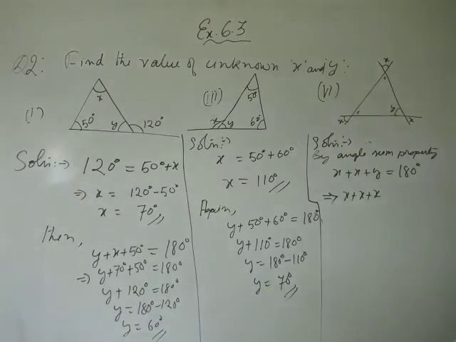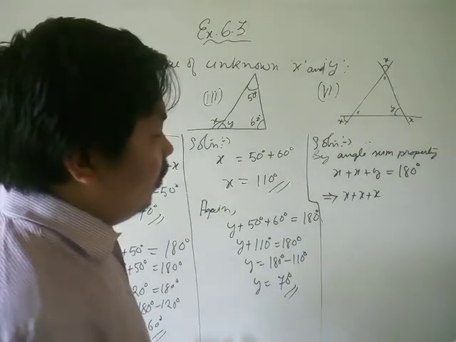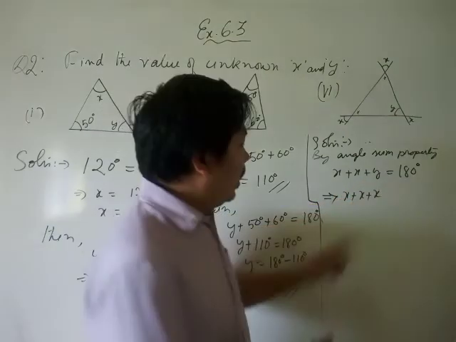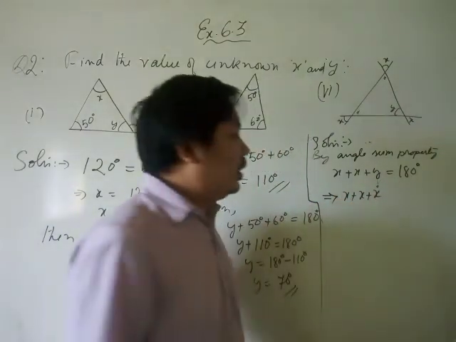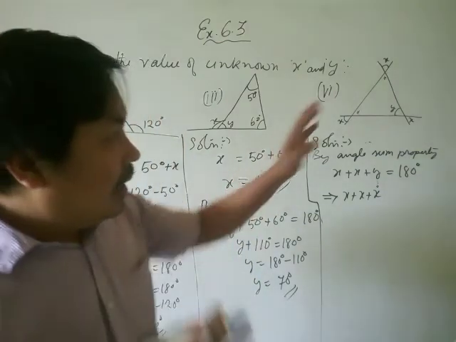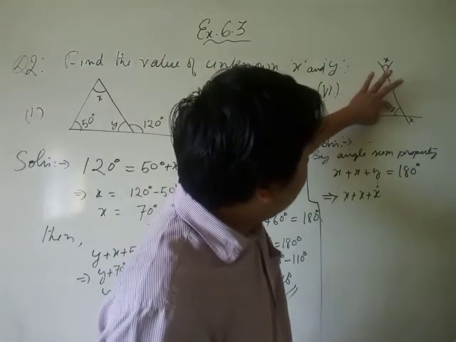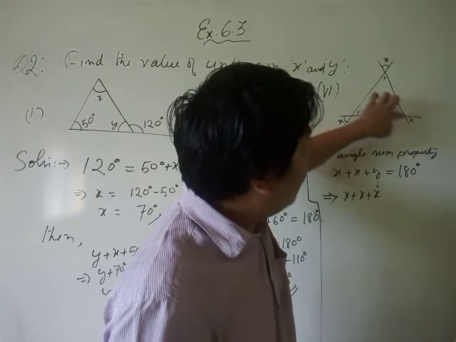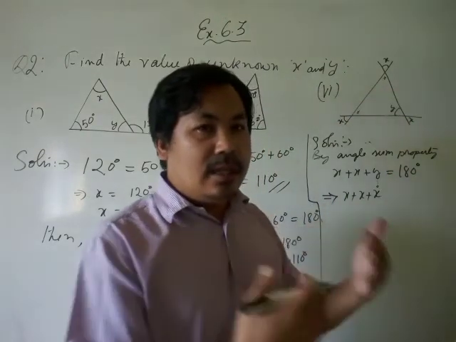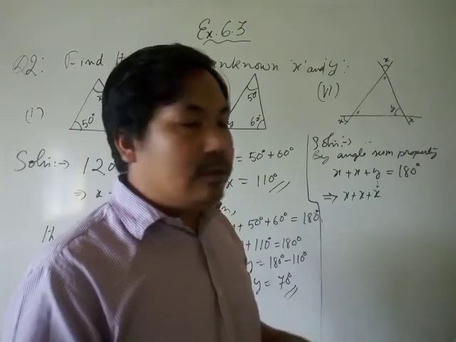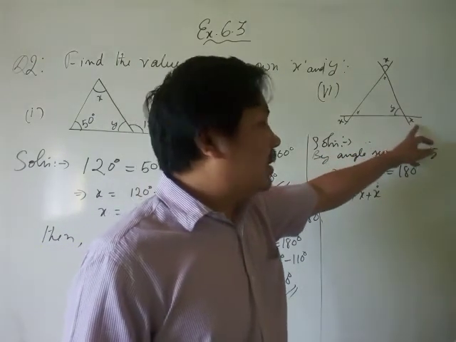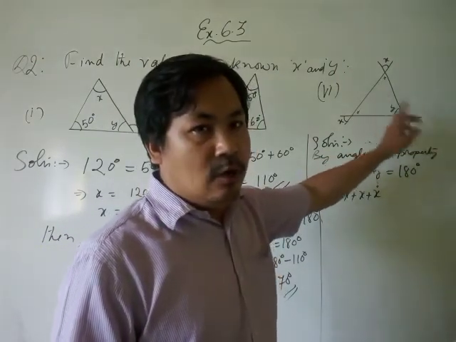Why in the place of this y I'm putting x here? Just see. In the diagram, x and y are the vertically opposite angle. They are having the same value. They must have the same value. So in the place of this y we can write this x, since they are vertically opposite angle.